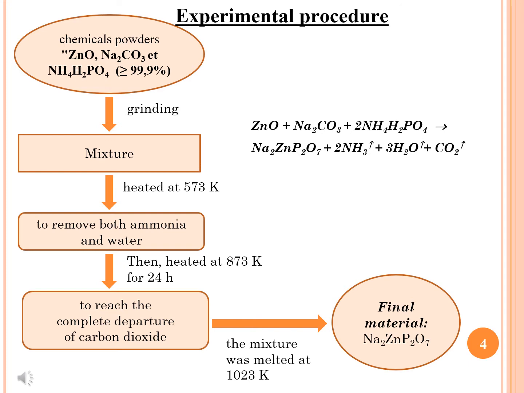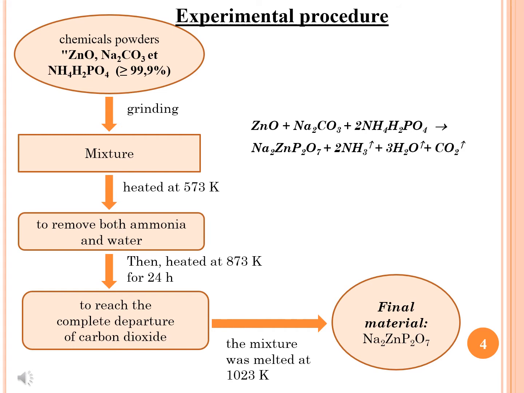Experimental procedure. The glass used in this study has the following chemical composition: Na2ZnP2O7. It was prepared by mixing appropriate amounts of high purity chemical powders ZnO, Na2CO3, and NH4H2PO4 with purity greater than or equal to 99.9%.